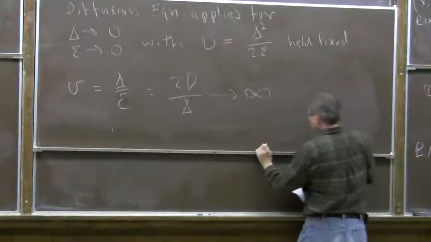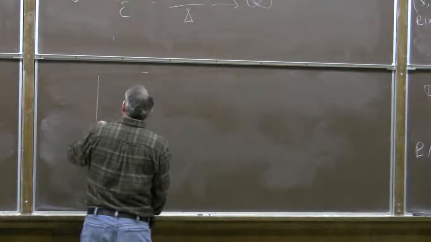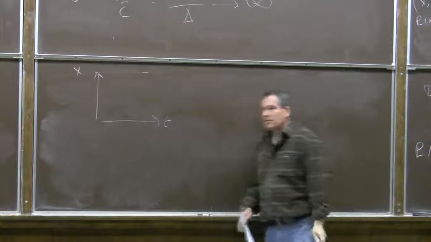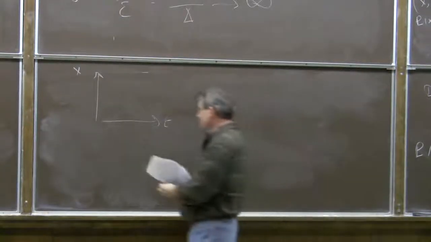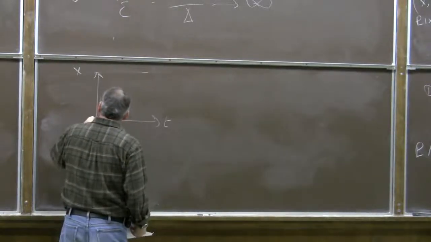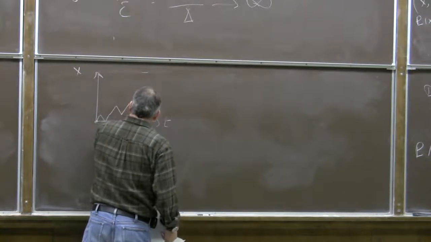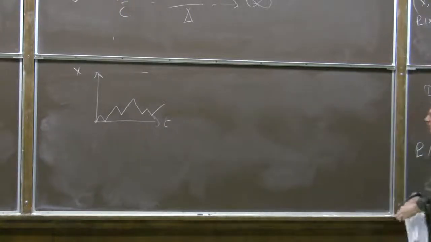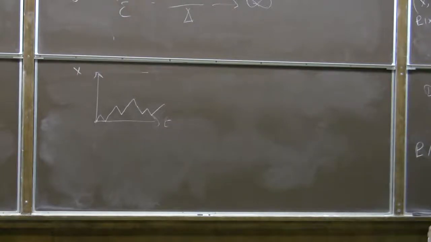Well, another way of saying it, maybe a better way of saying it, is that if we look at x as a function of t, in our lattice model, x is hopping back and forth. We start out at the origin, maybe we go up, down, down, up, down, down, up, down, and so on, kind of at random. And now we want to consider the behavior of that curve when we take the time interval between jumps going to zero.